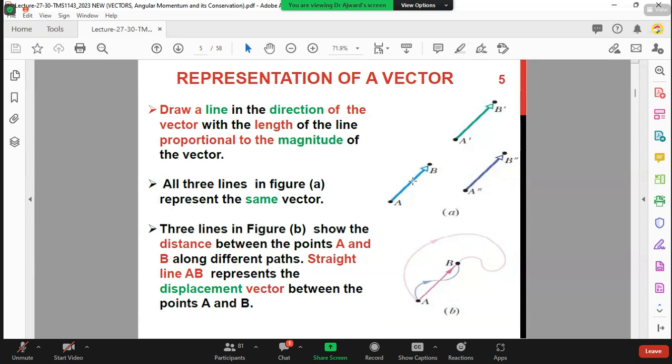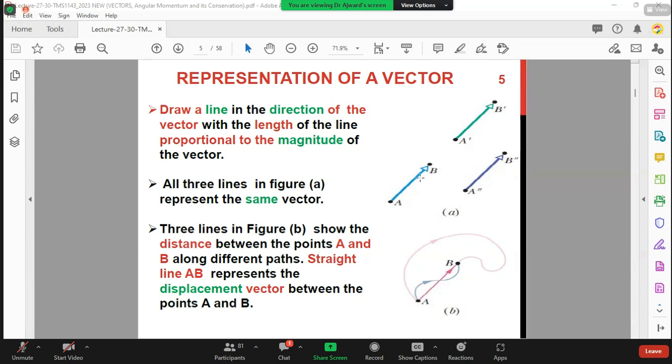So maybe I can use the PowerPoint. I think you can see this, no? My mouse pointer from A to B, it is showing as a cross. All right. Yes, okay. One student says yes. So, yeah, it is a bit tiny, but I can try PowerPoint, but it might cause other problems.